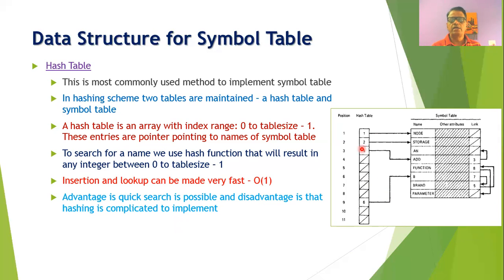It will have a hash table which will consist of some numbers, and each number will point to a record, and this table is called the symbol table, where it will consist of the name and other attributes or information, and also a link field which will point to the next element in the list.